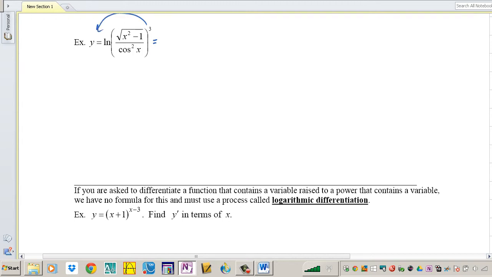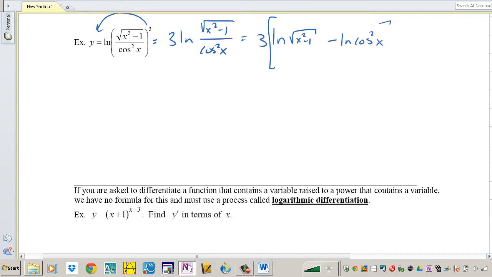Using the power rule, 3 ln the square root of x squared minus 1 over cosine squared x. Using the quotient rule now, it's going to be 3 ln of x squared minus 1 minus ln of cosine squared x. 2 is also a power.